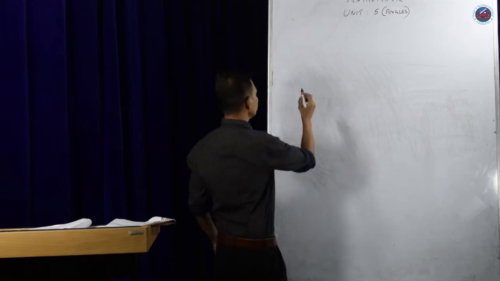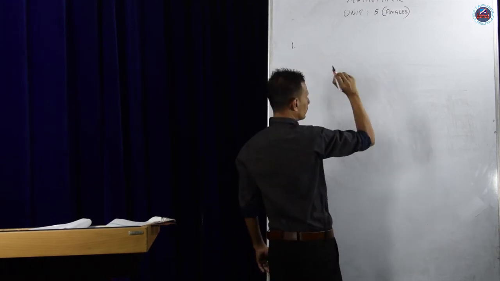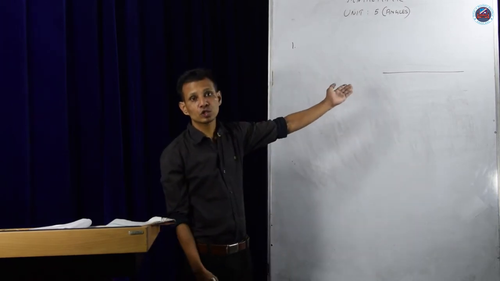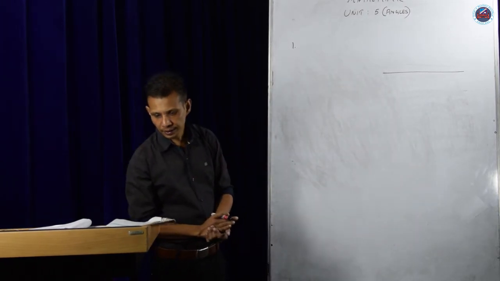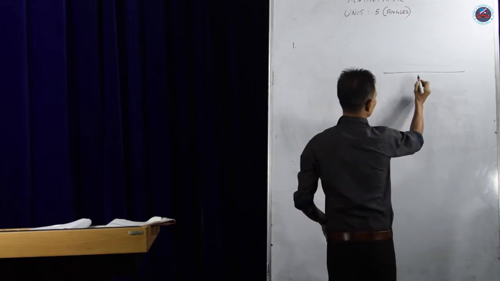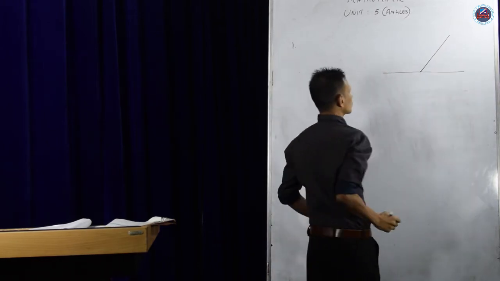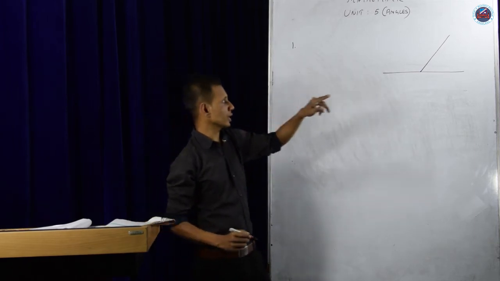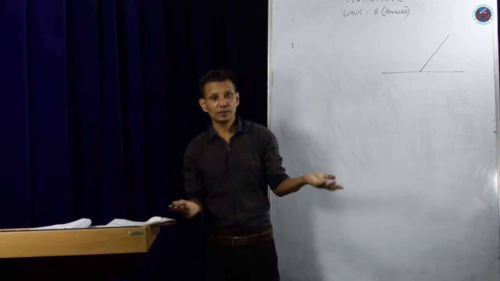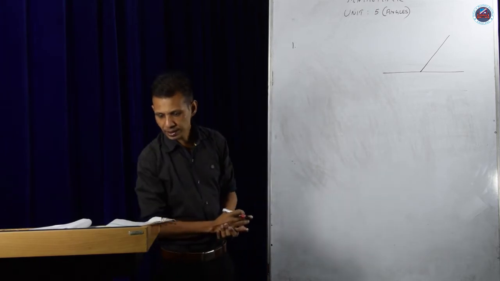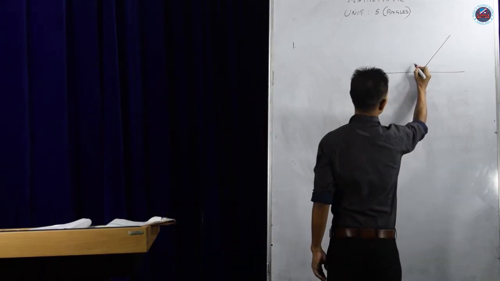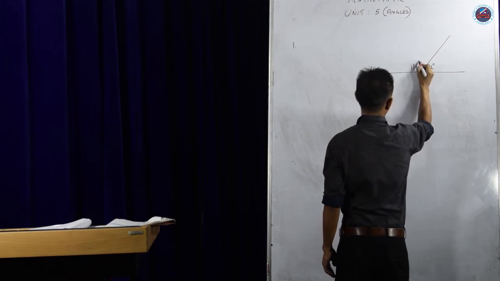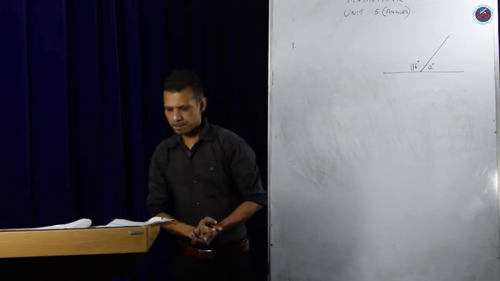I'll draw the diagram. Question number 1. What is this? A straight line. Now, I'm drawing your diagram, okay? Two angles formed on a straight line, 1, 2, right? We have learned just now. And one is 160 A degrees.